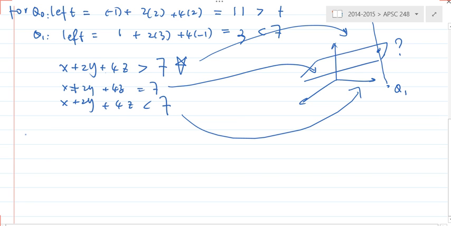A point on the plane, and what? A normal vector to the plane. Or the other way around, if you're given a plane equation, you can immediately extract two pieces of information: a point on the plane, and a normal vector.